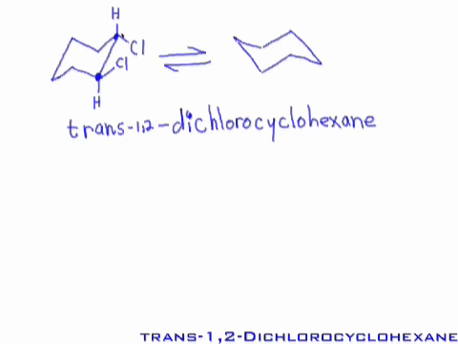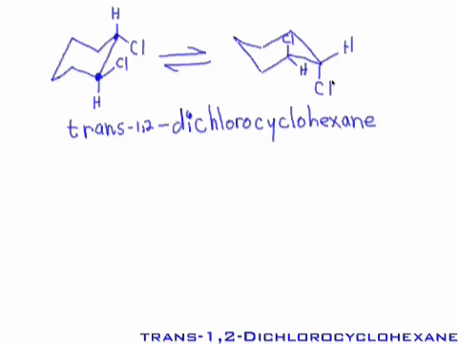What was axial up becomes equatorial. What was equatorial, this chlorine, becomes an axial down. The equatorial here becomes axial up, and then we've got an equatorial H.